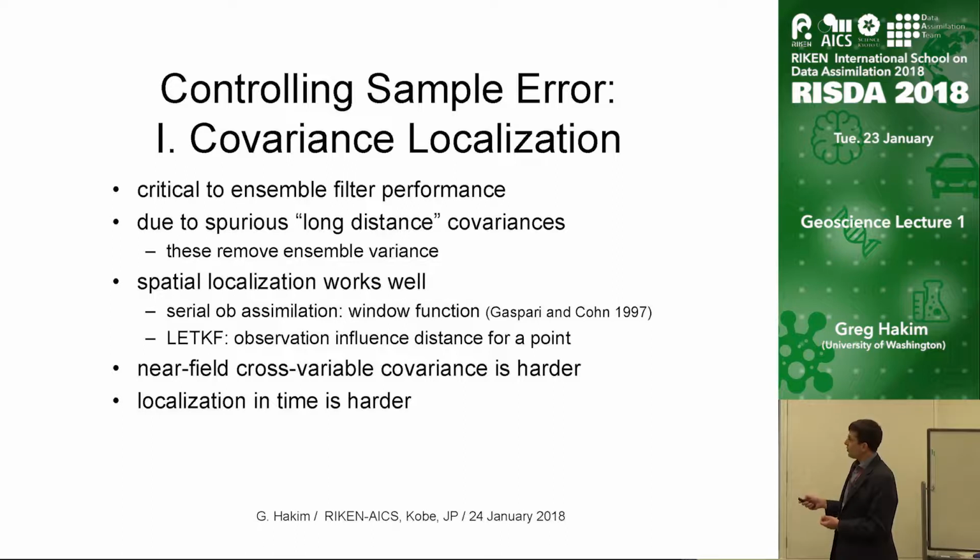So if we have a way of removing those, we effectively boost the rank of that matrix. We're essentially zeroing out the off-diagonal elements of that matrix. So we don't expect the temperature here in Kobe to be related to the temperature in Antarctica. By random chance with a small sample, we will find a non-zero relationship. If we zero that out, we've effectively boosted the rank of that matrix.